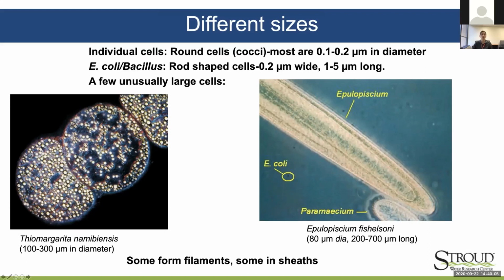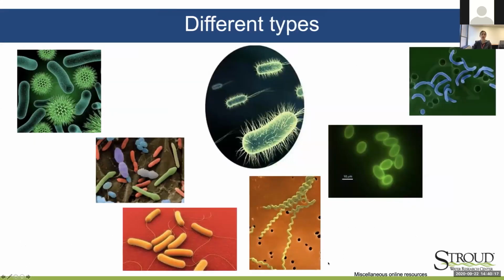And for reference here, here's a tiny E. coli cell. And some of the bacteria cells also form filaments, and some are in sheaths, so lots of different sizes there, as well as a variety of types.